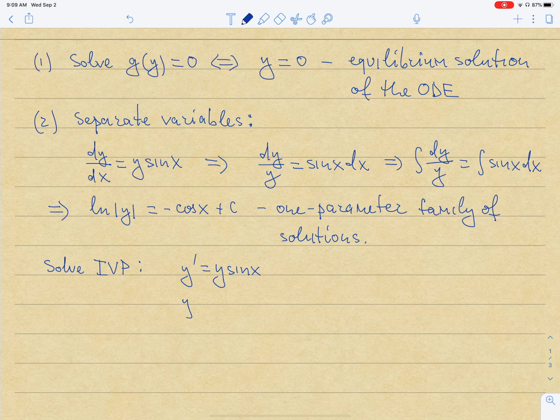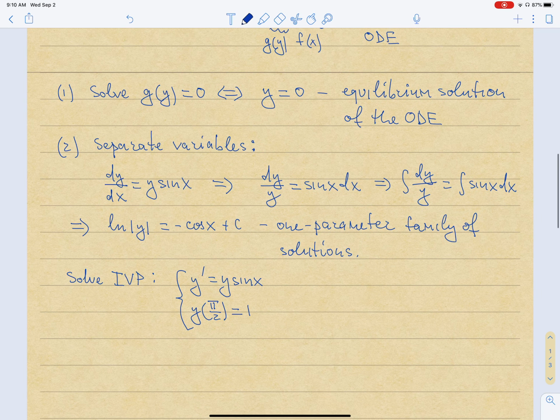And let's say we know y of pi over 2 is equal to 1, for instance. Okay, so we're going to use the solution we already found. Because we have the solution to the ODE, we just need to figure out what the value of C is going to be.